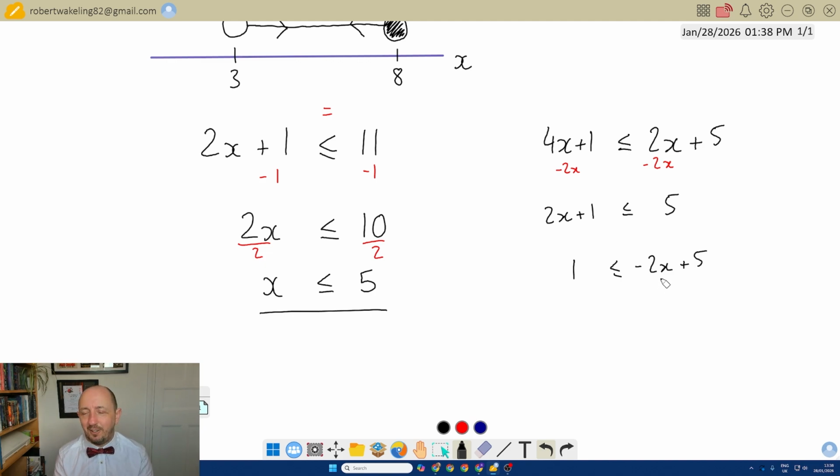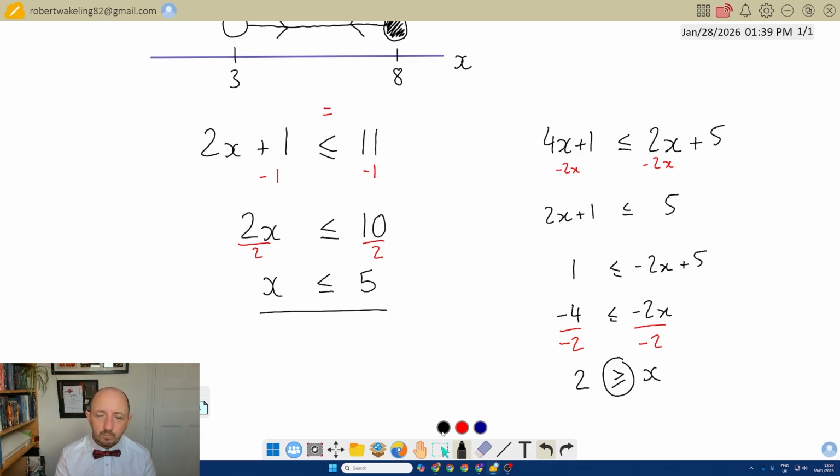But if you did, and you carried on, and you subtracted 5 from both sides, and then you wanted to divide by minus 2, then we have to be very careful about dividing by a negative, because that will switch the sign around. Okay, this virtually never happens when students are solving these, because they will never try to create negative signs. Okay, but if that happens, it's something to be aware of.